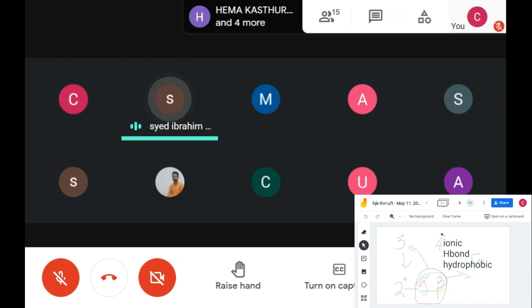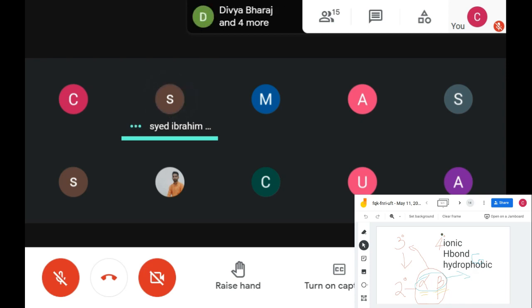On the hydrophilic side, you will have all the charged amino acids, and on the hydrophobic side, you will have the hydrophobic amino acids. So these are general features of the tertiary structure for any soluble protein.